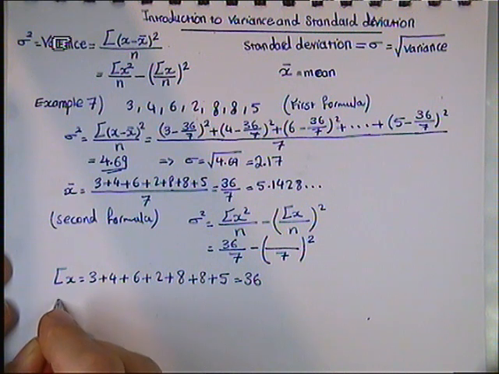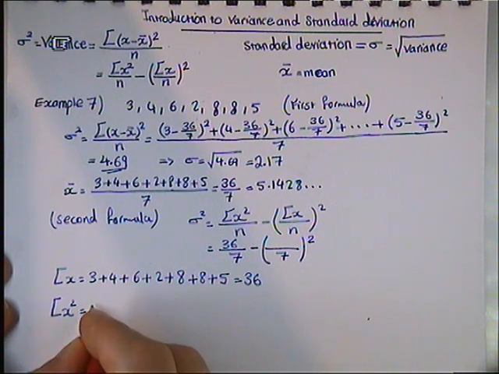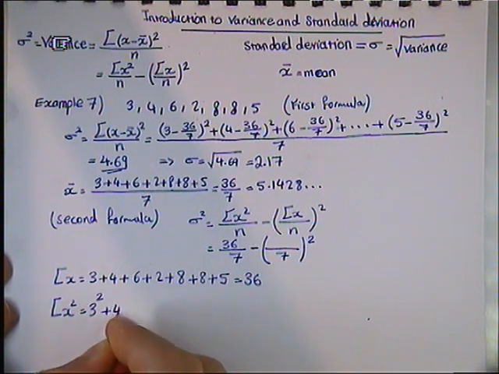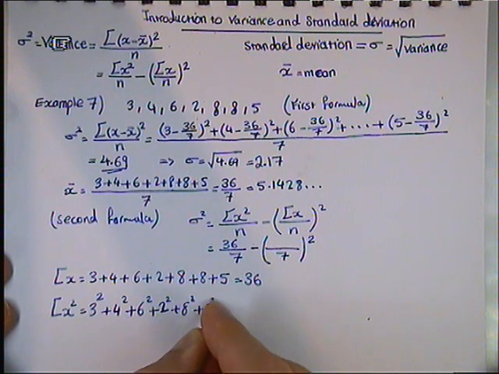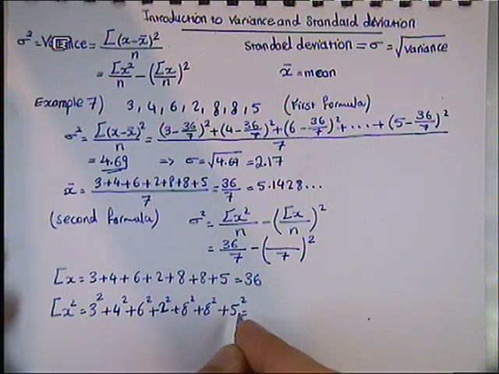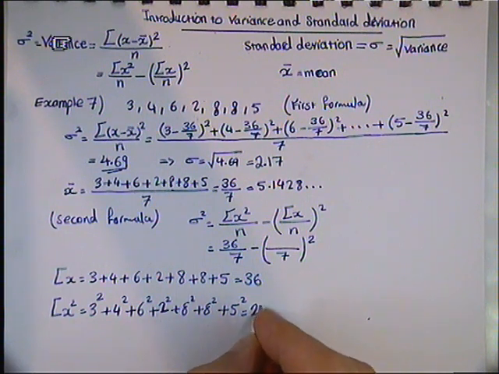So let's work out the sum of x squared. Sum of x squared means we square every single value and then add them up. 3 squared, add 4 squared, add 6 squared, add 2 squared, add 8 squared, add another 8 squared, add 5 squared, which sums up to 218.